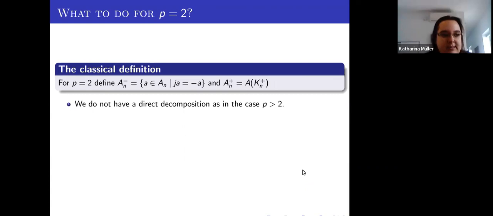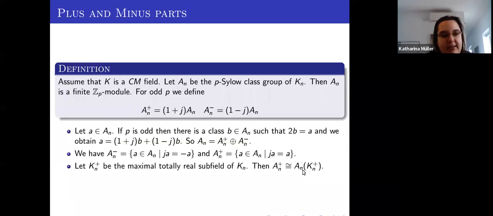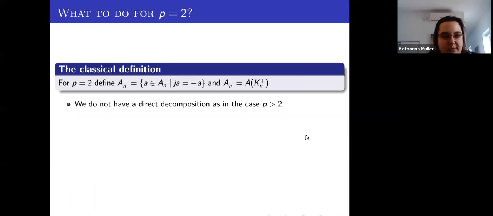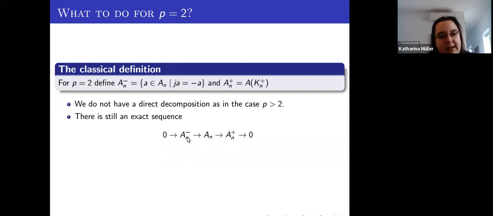And the problem with this definition is we don't have a direct decomposition as in the case p bigger than 2, because for odd primes p, I could find a b such that 2b is equal to a, but for p equal to 2, this is not always possible. But we still have an exact sequence, 0 to A_n^- to A_n to A_n^+ to 0.